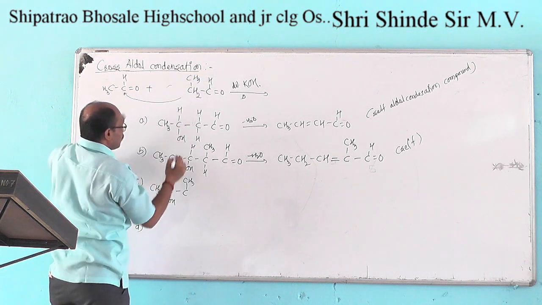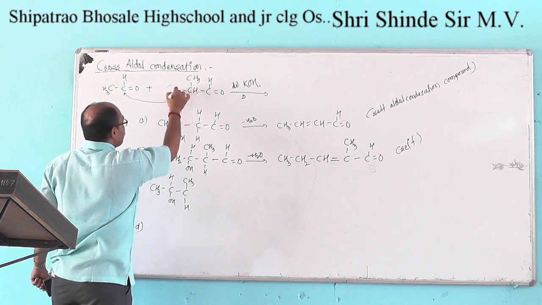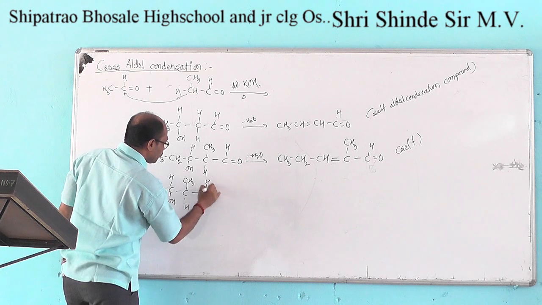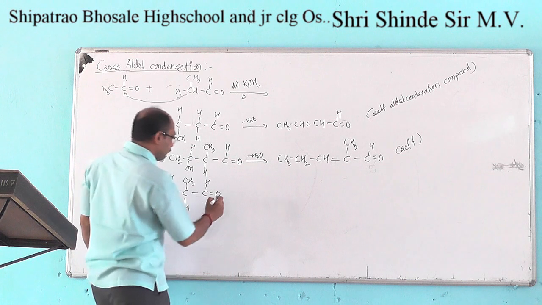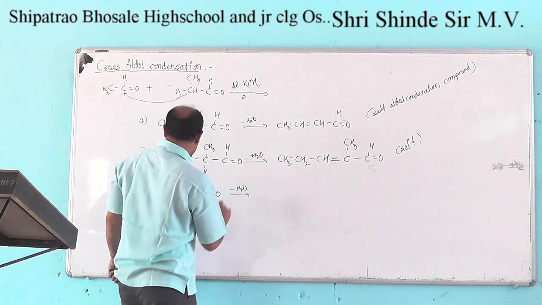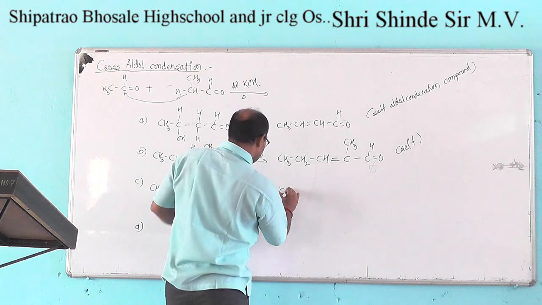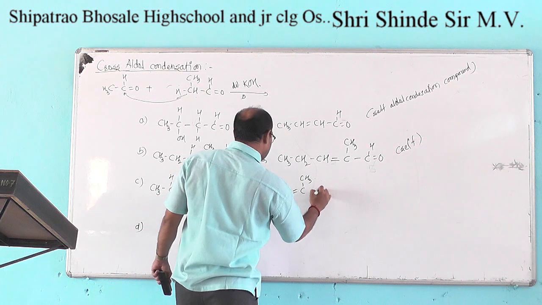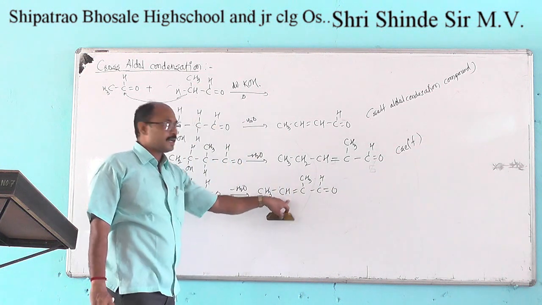Look here, hydrogen is removed from here to form the corresponding beta hydroxyaldehyde, which further loses a water molecule to form the corresponding alpha beta unsaturated aldehyde.